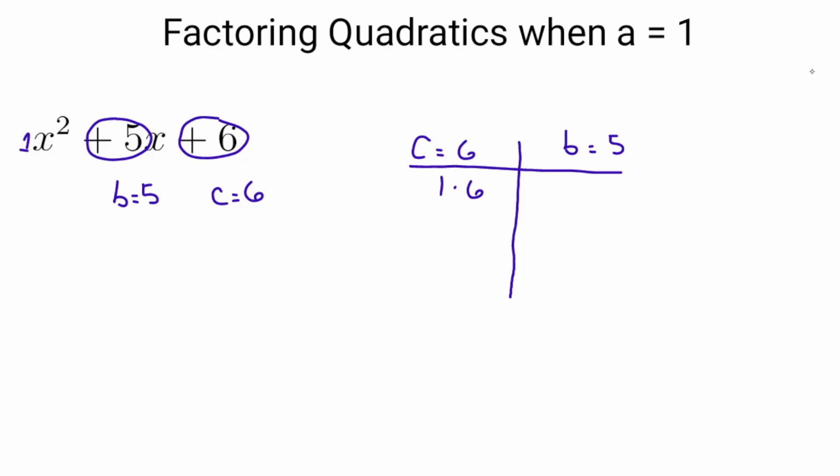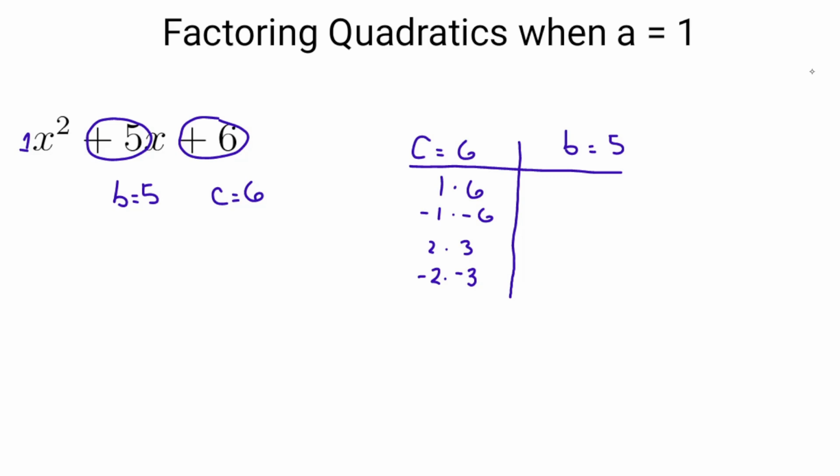Also, negative 1 times negative 6 will give us 6. 2 times 3 will give us 6. And also, negative 2 times negative 3 will multiply to give us 6. So these are all of our options for multiplying to get 6.